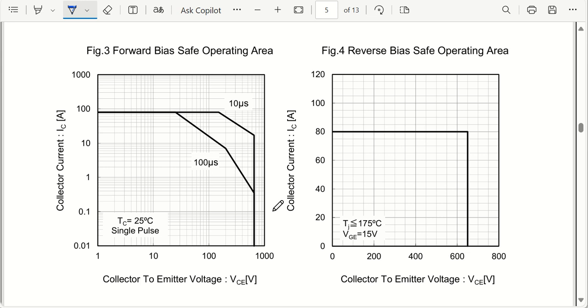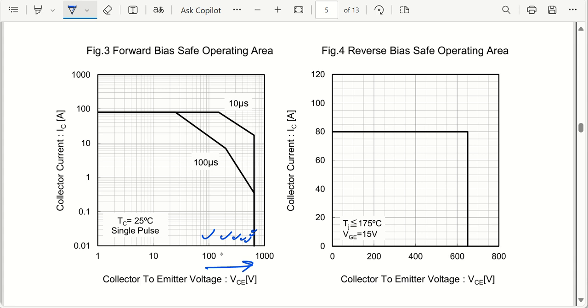Similar to that, another performance characteristic is there, like the collector to emitter voltage, how much voltage you have applied across collector to emitter. So you can see up to 650 volts you are going to apply, like it is 100, then 200, 300, 400, 500, 600, 650.